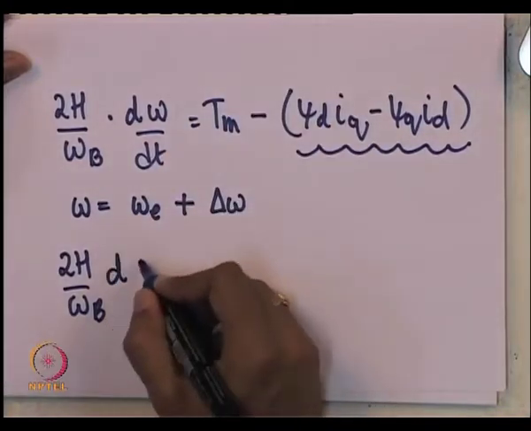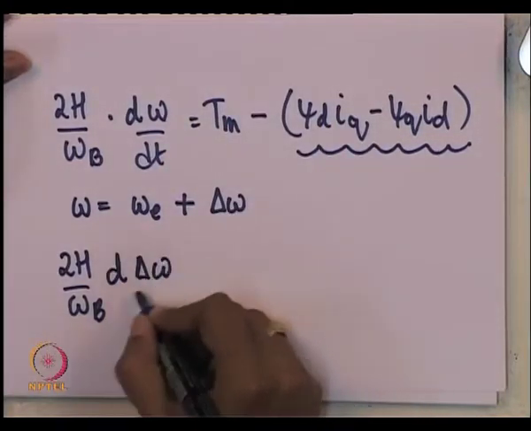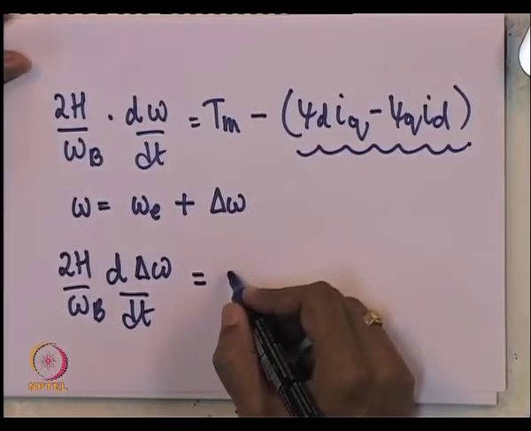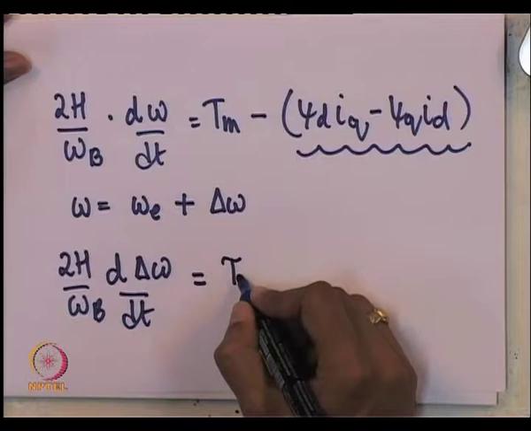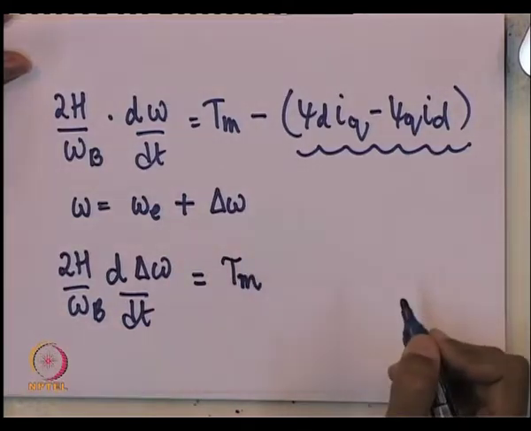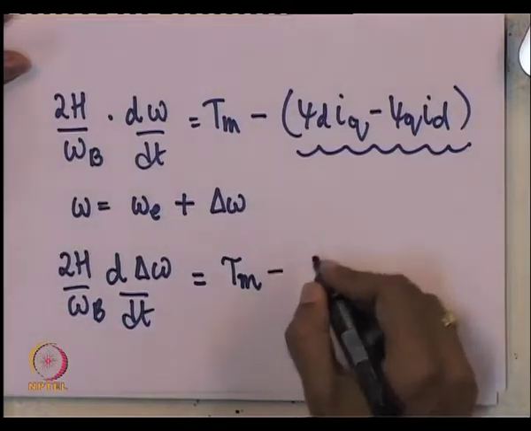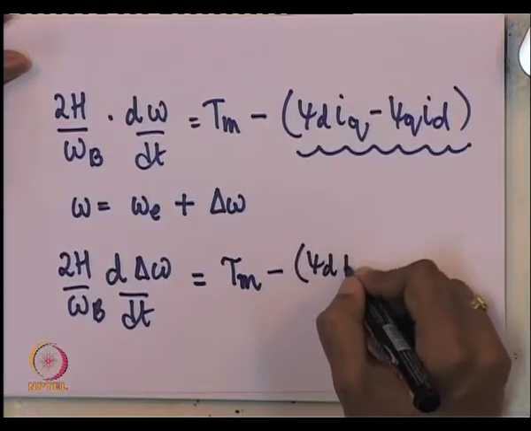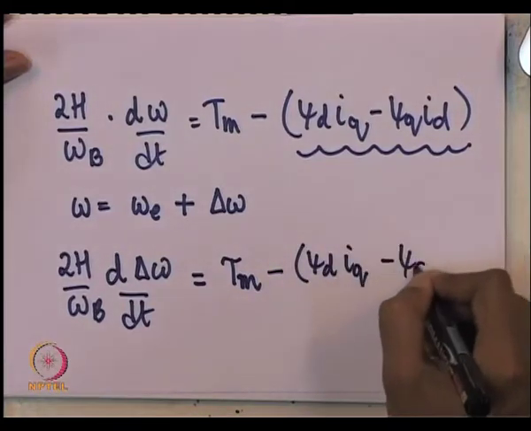So, what we will do is, equal to, T m, we will assume that T m is a constant, minus psi d I q minus psi q I d.